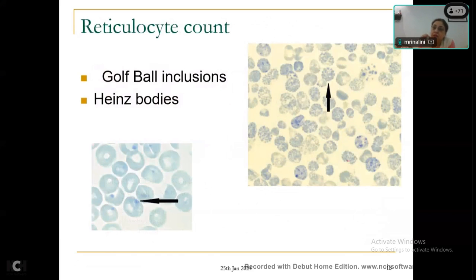There is a value of manual retic in hemoglobinopathies because there are two findings picked up in the retic count: the golf ball inclusions and the Heinz bodies. Heinz bodies you get characteristically in G6PD deficiency and unstable hemoglobins, and this is a very characteristic appearance of a golf ball inclusion, which you see in alpha thalassemia.